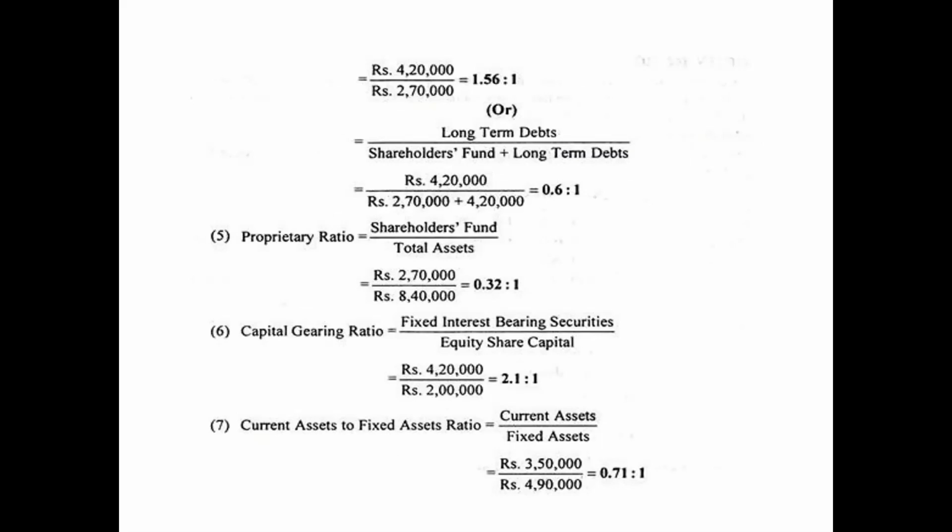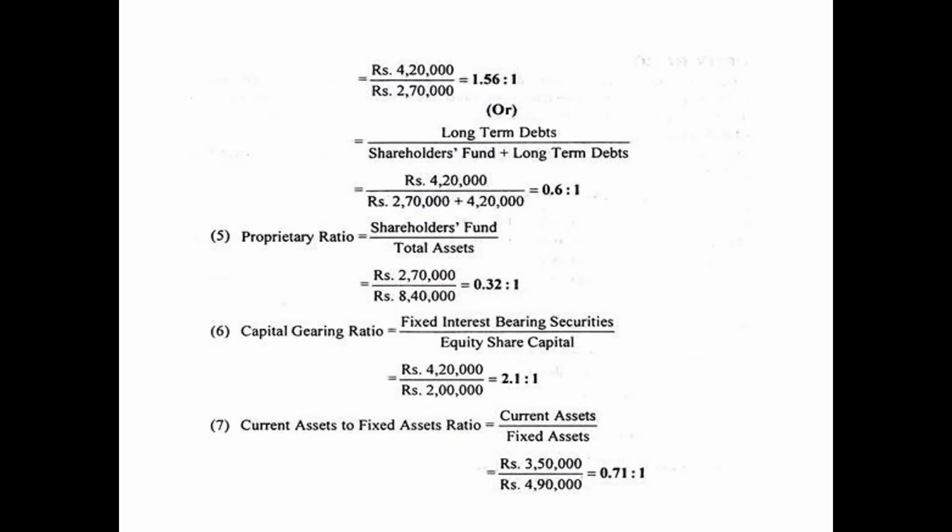Now, the next is capital gearing ratio. The formula is fixed interest bearing securities. All fixed interest bearing securities means those securities wherein you have to pay fixed interest. What are those? Debentures, loans, right? And divided by equity shareholders, pure equity shareholders.